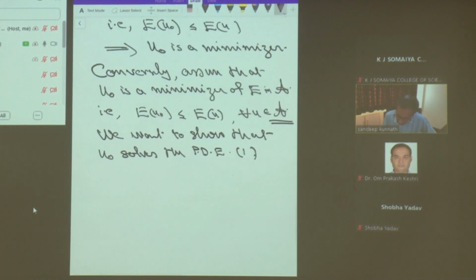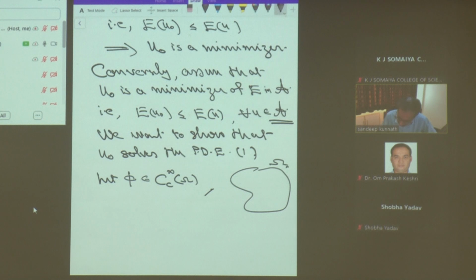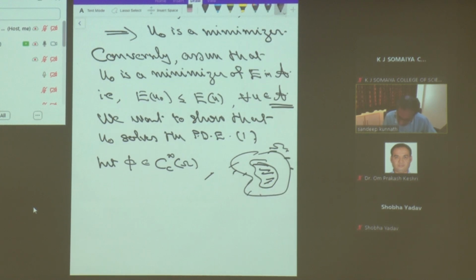So what I am going to do is start with phi an element of C c infinity of omega. That means phi is a function which is non-zero only on some compact subset, it vanishes near the boundary, and it's a C infinity function. I will fix such a function.